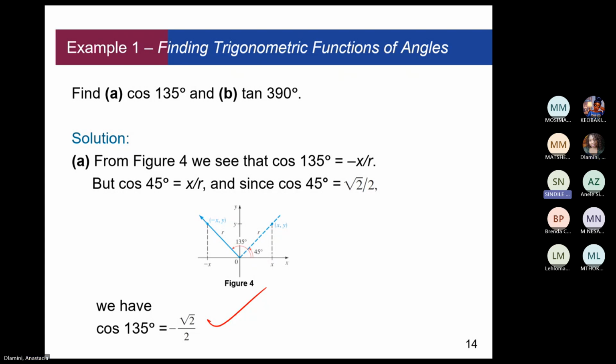The point for 30 degrees is, for the x-axis, square root of 3 divided by 2, and then one half. So you divide square root of 3 over 2 by a half, and then you multiply like that.